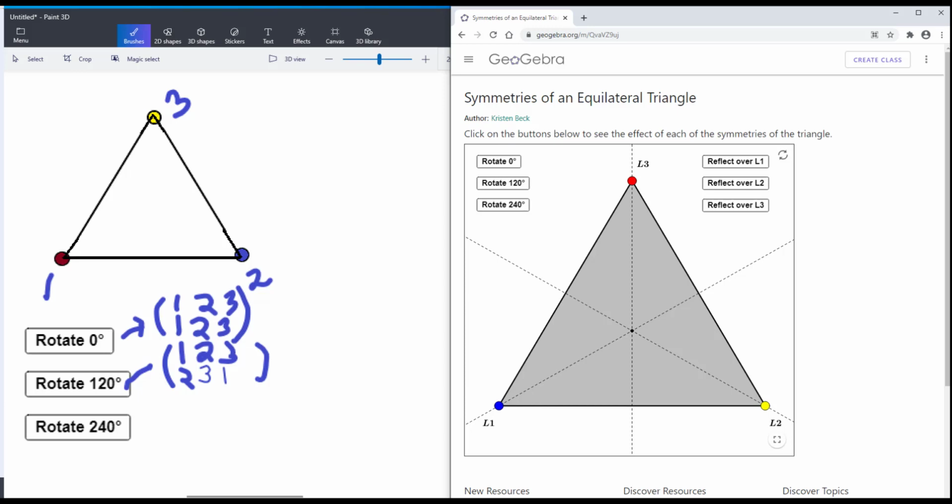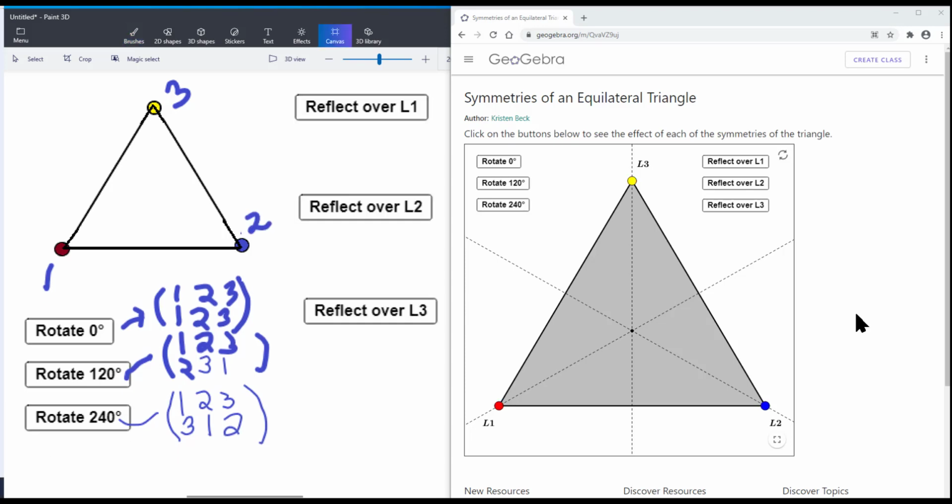That is, the rotation by 240 degrees corresponds to 1, 2, 3 going to 3, 1, 2. So now you can see we have again the triangle in the original position, 1, and this is 2. I moved this 2 up here to avoid the confusion with a square, and we have 3 here.